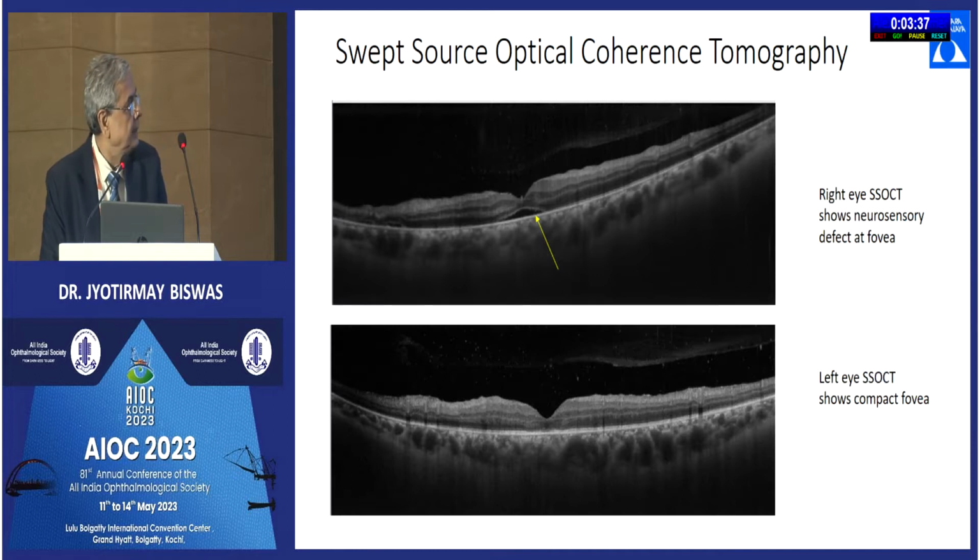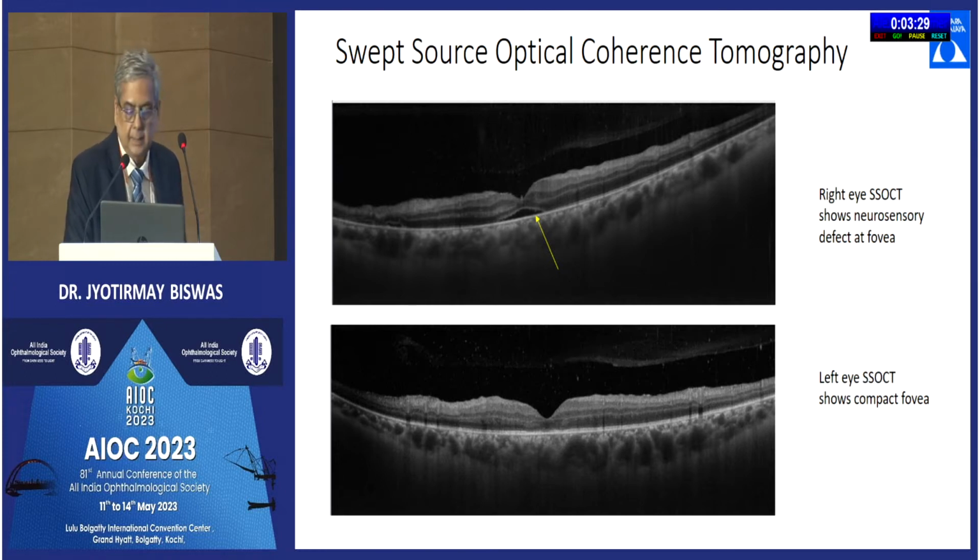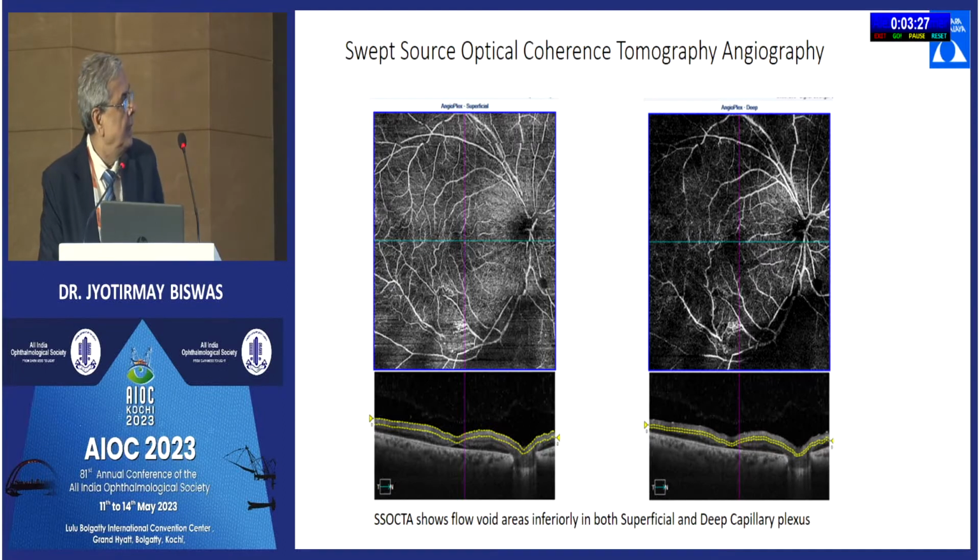OCT showed a neurosensory defect in the right eye, and the left eye has some wrinkling of the internal limiting membrane. OCT angiography showed flow void areas in both the superficial and deep capillary plexus.